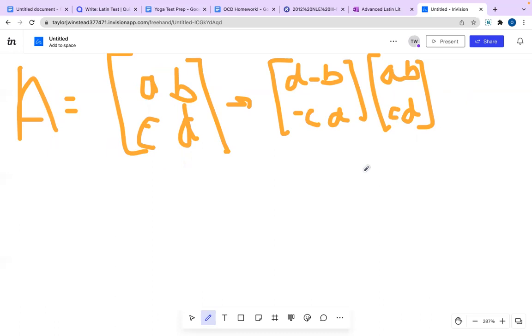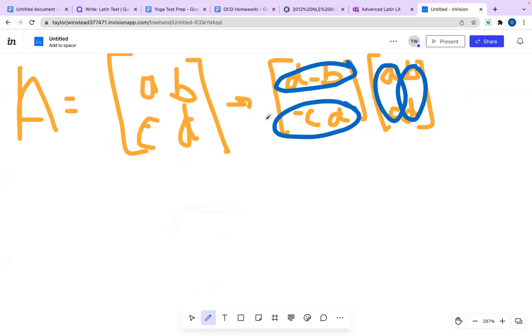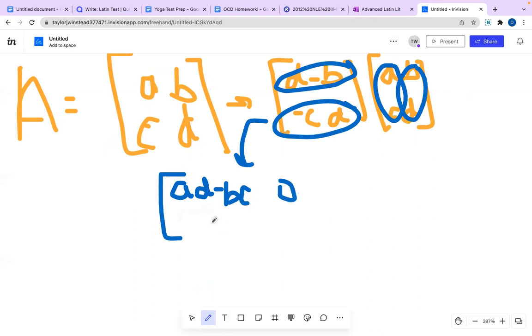So we compute that product, right? We do our rules for matrix products. And what we get is AD minus BC, 0, 0, AD minus BC.